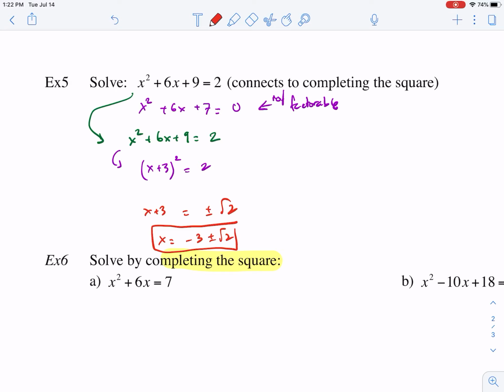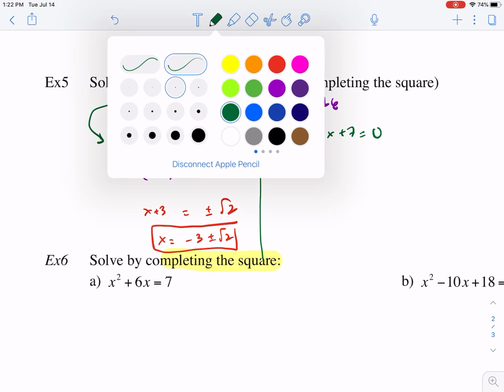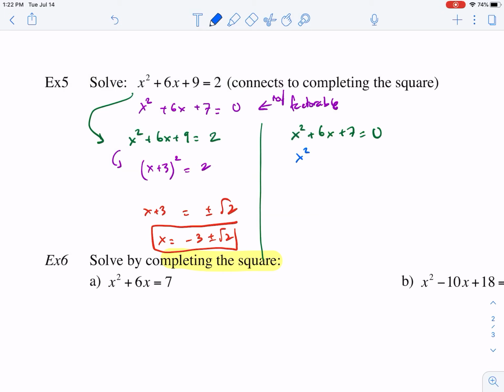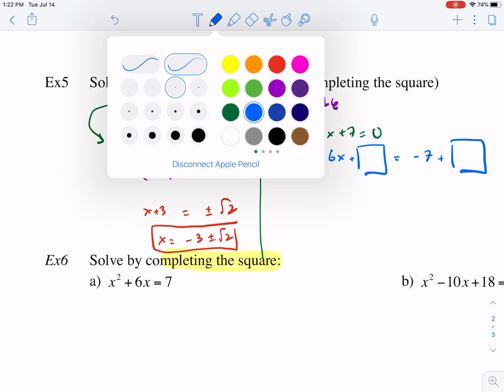Completing the square is when we take the quadratic equation, isolate everything on one side as 0, and force a perfect square on that side by adding or subtracting a constant. So going back to the same problem, it's not factorable. I'm going to go ahead and force a perfect square on the left-hand side. First, I need to subtract the 7 on both sides. And then I'm going to add the same number to both sides.